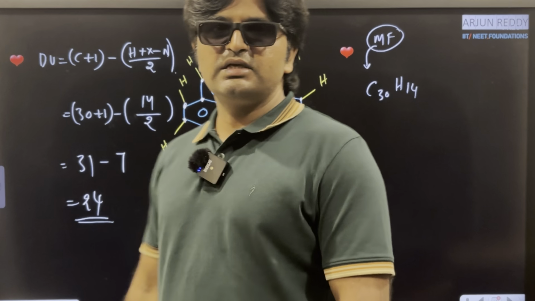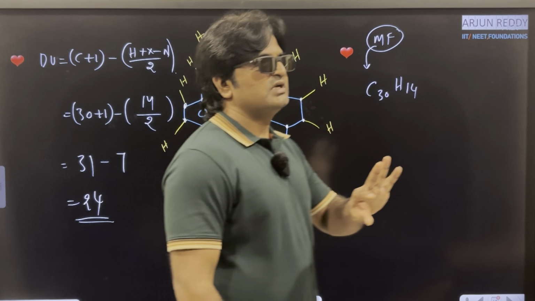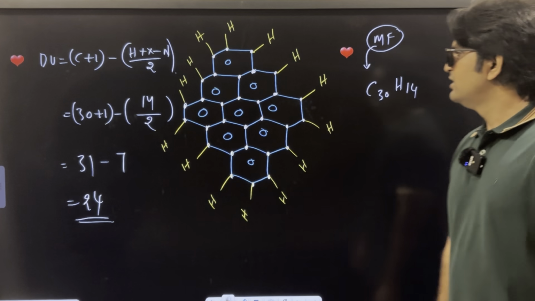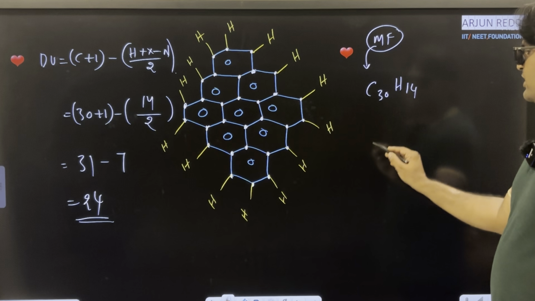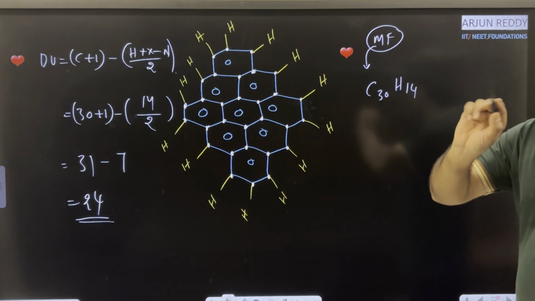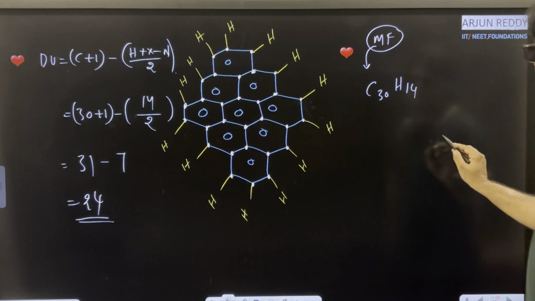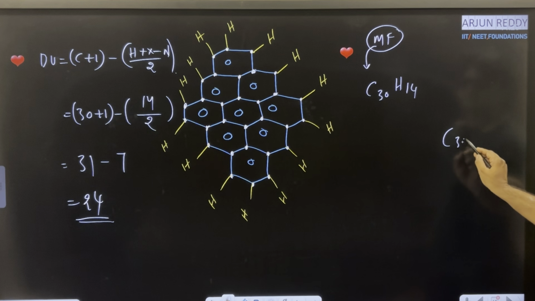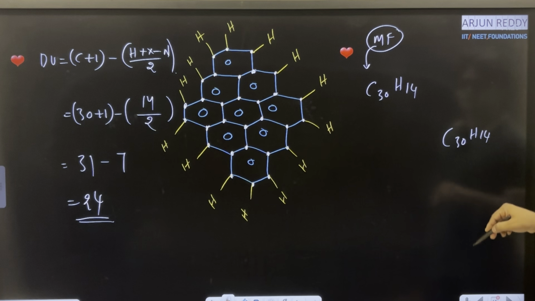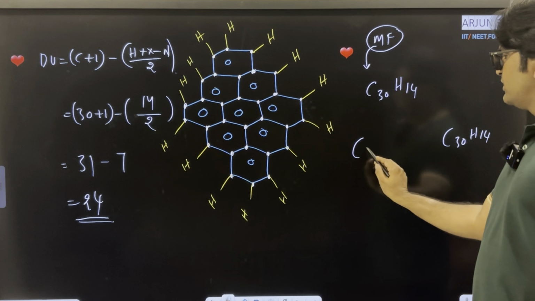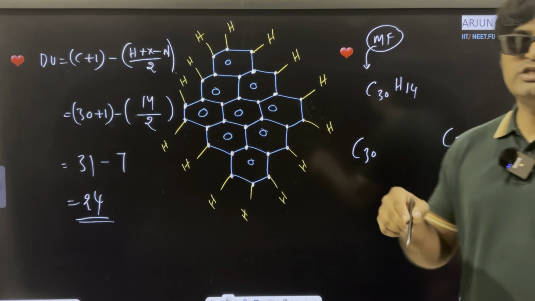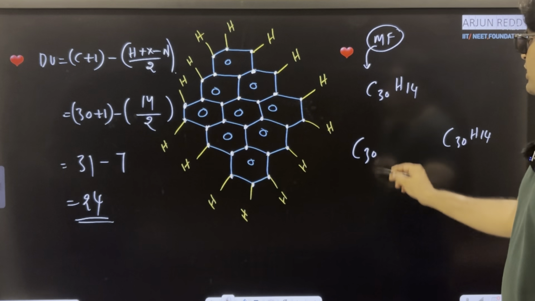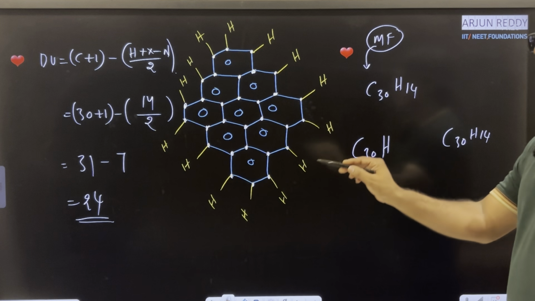Okay, if you want to use the second method, now this is the molecular formula. After getting it, for example, if it is an alkane, for 30 carbon atoms, by applying CnH2n+2, how many hydrogen atoms should be present if it is an alkane?